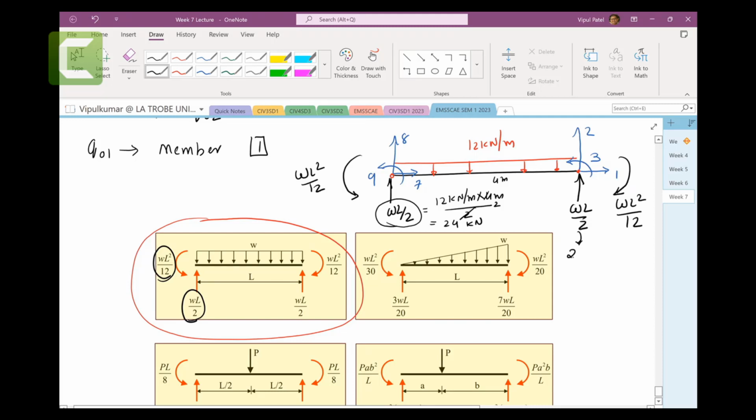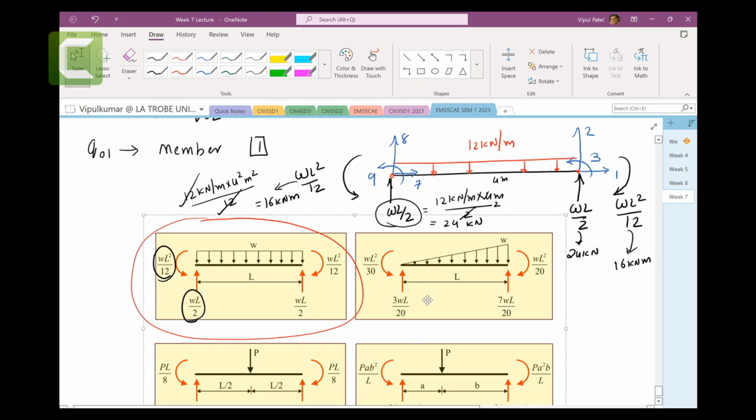Similarly here, I can write 24 kilonewtons. For these, I have 12 kilonewton per meter times 4 meters squared over 12. So 12 cancels, only 4 squared is left, which is 16 kilonewton meters. And similarly here, that would also be 16 kilonewton meters because of the same equations.